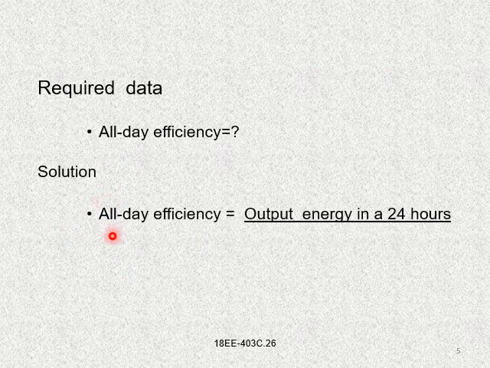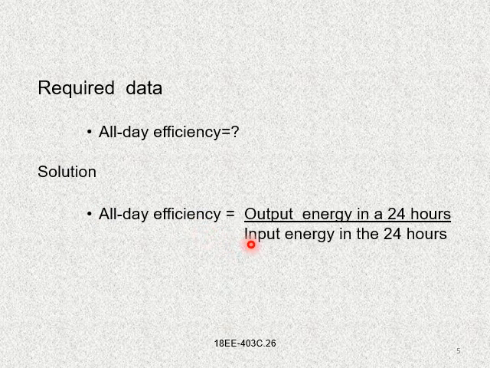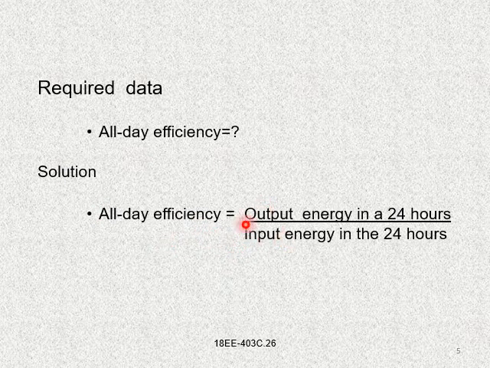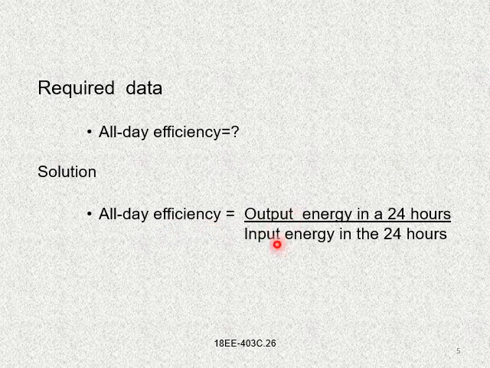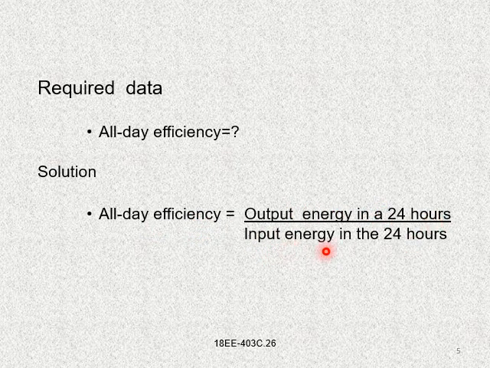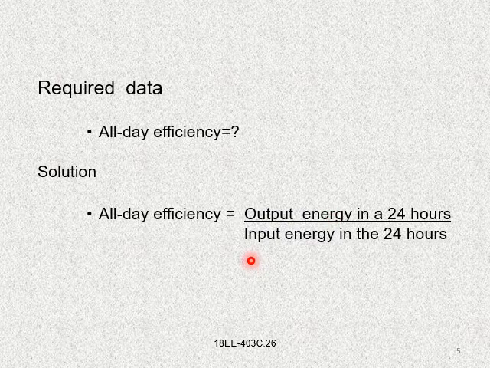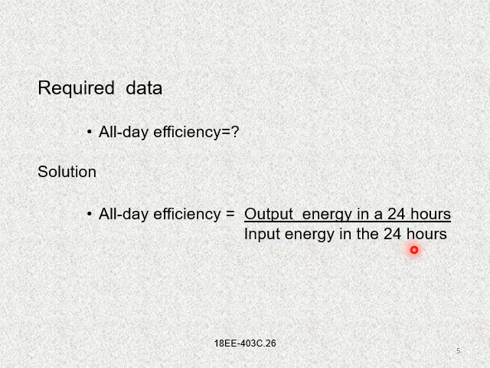Now the solution. We know that the efficiency is output by input, as usual, whereas the all day efficiency is given as output energy in 24 hours by input energy in 24 hours. Please make a note of this formula.